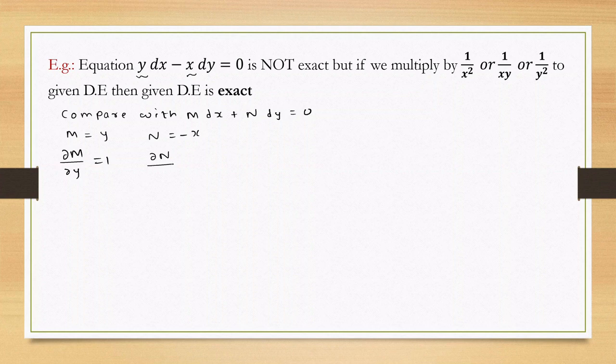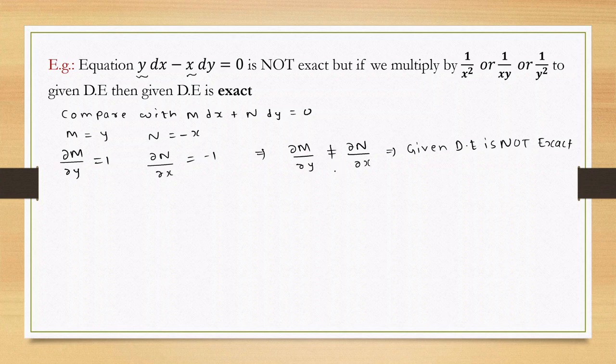And what is ∂N/∂x? It is minus 1. So this implies ∂M/∂y is not equal to ∂N/∂x. So the given differential equation is not exact. We have proved that it is not exact. But if you multiply by 1/x², or 1/(xy), or 1/y² to the given differential equation, then it becomes exact.